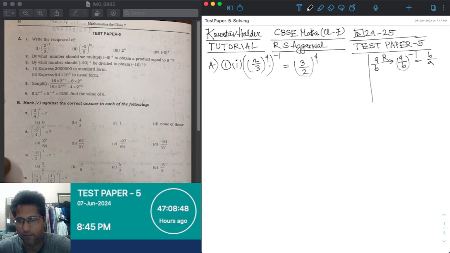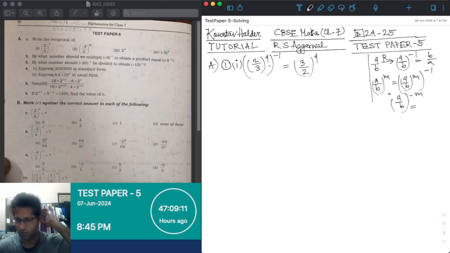Now if you have something like a by b raised to the power m, then the reciprocal of this exponential number is nothing but we raise it again to the power minus 1. The powers get multiplied, giving minus m, and as we studied in the laws of exponents, this is nothing but b by a whole to the power m. So that is exactly what we did.